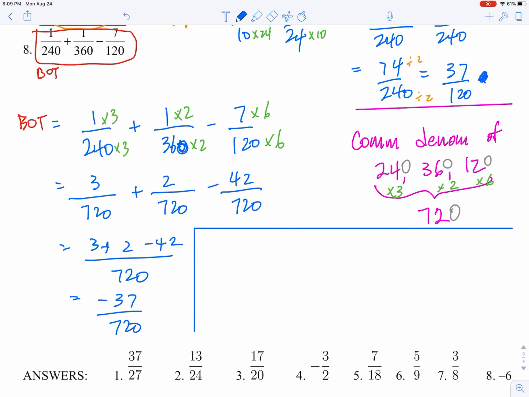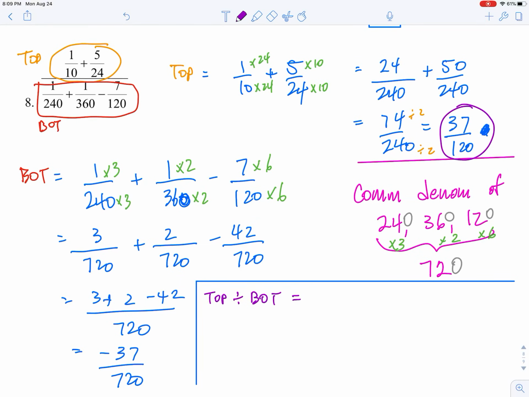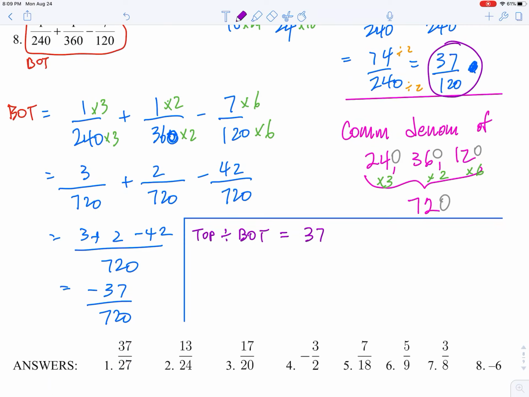I've written so big and taken up so much space. I'm going to switch colors. I'm going to go to purple. So top divided by bottom is going to equal, the top was 37 over 120, divided by negative 37 over 720.